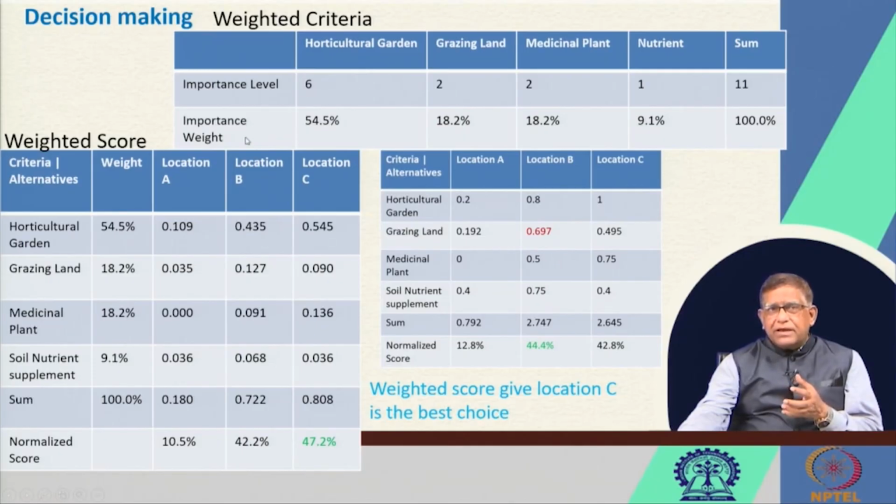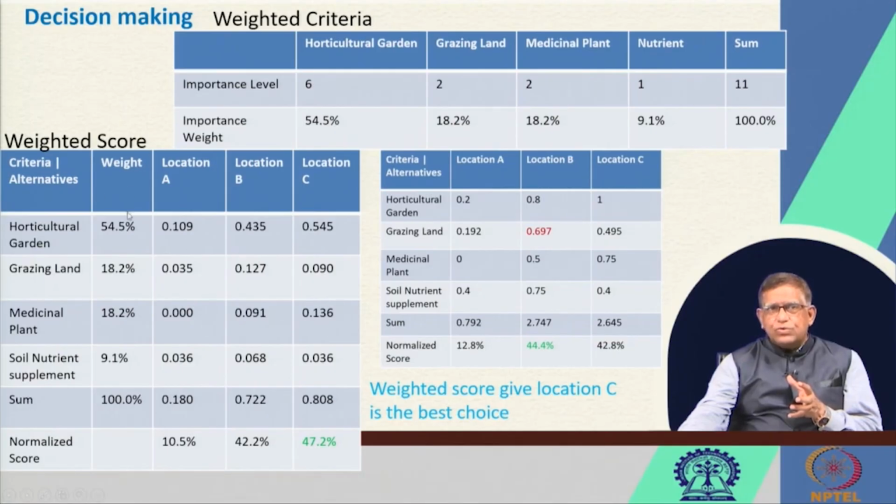So when they put it over there, the importance, the weight, is also given, and with that weight, these locations were given the scores they earlier gave. If you multiply it and put it over there, you get new normalized scores over here.